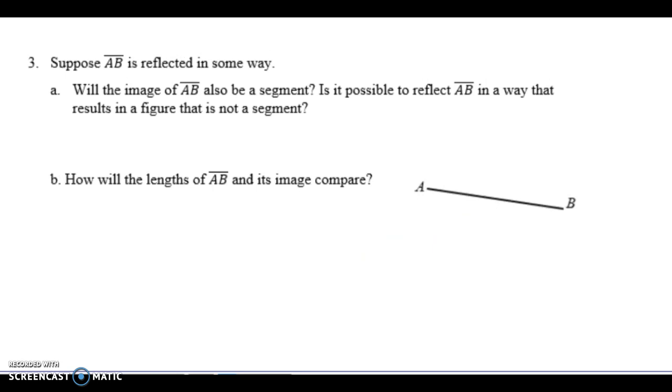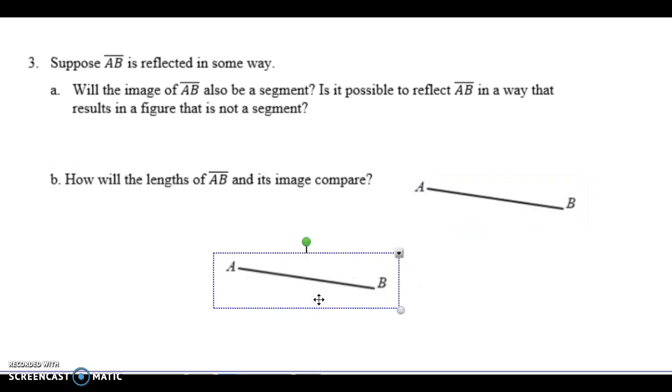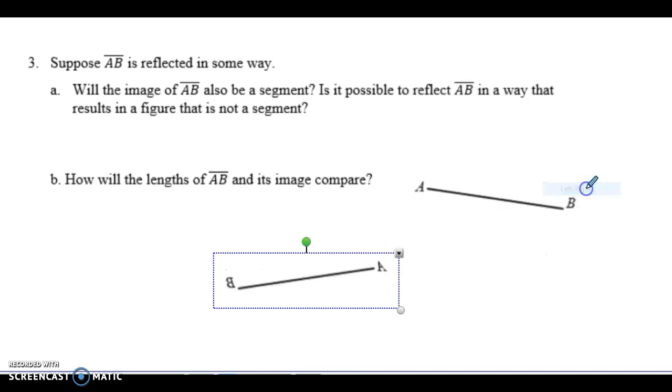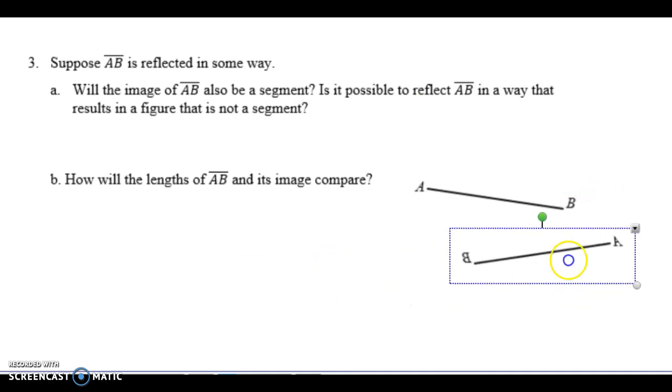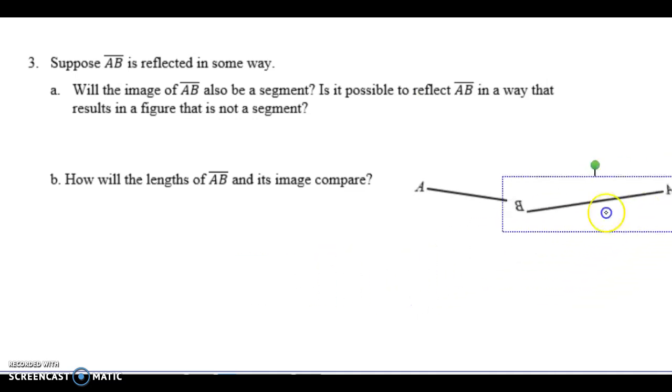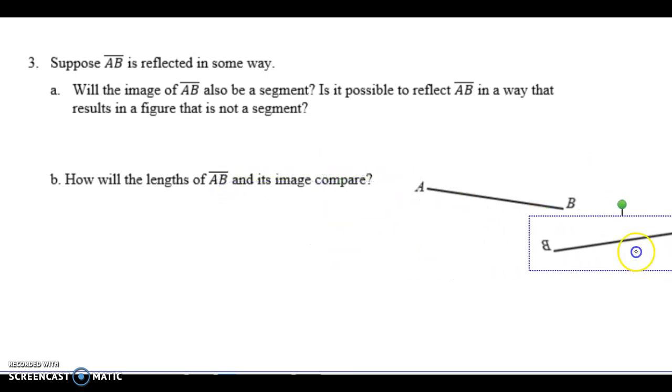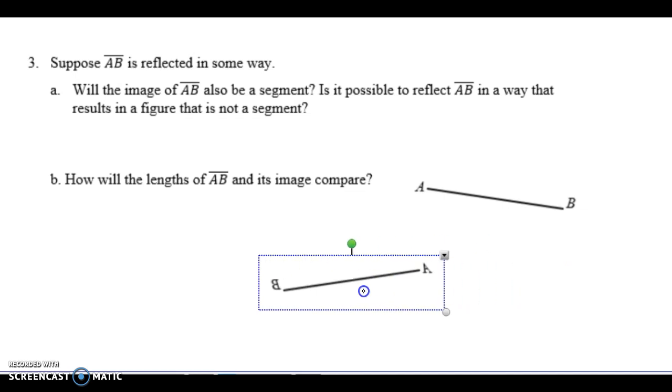And lastly, we have reflection. So suppose AB is reflected. Now this one's going to take me just a second longer to talk about because I've got to do something fancy with it. So a reflection is a flip. If we flip this guy, this is a flip. Okay, this has been reflected either that way or that way. Has it changed its shape? No, it's just backwards now.